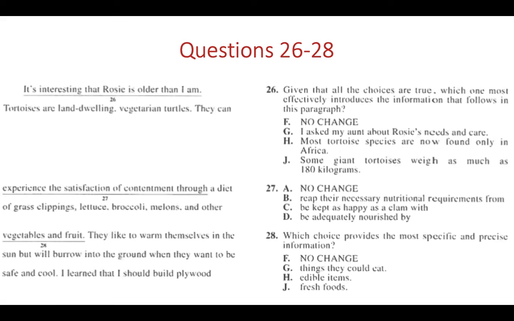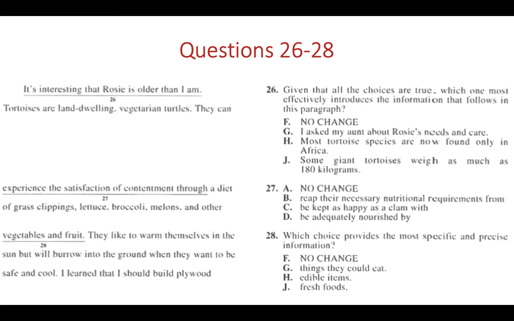28. Which choice provides the most specific and precise information? So they're looking for being specific, they're looking for being precise. And other vegetables and fruit versus and other things they could eat. That, things, that's not specific. That's like the opposite of specific. And other edible items.